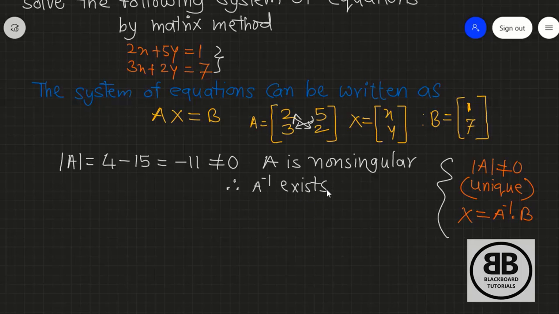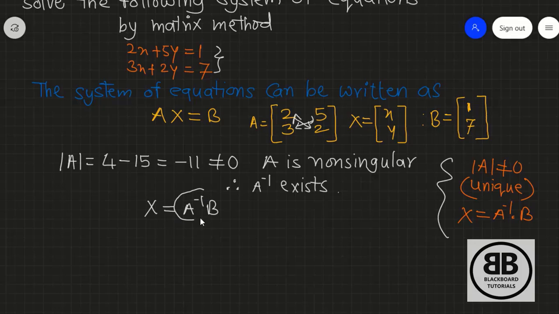This solution can be found because A inverse exists since the matrix is non-singular.